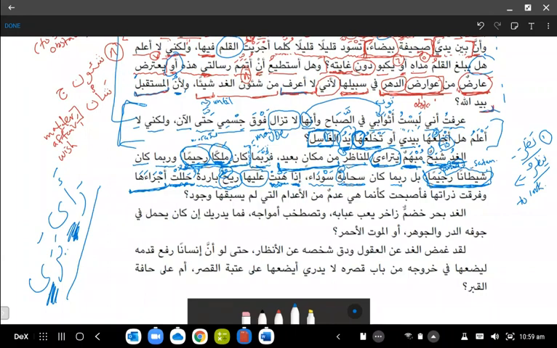In other words, when a cold wind blows over a dark cloud, you think it's good news, you think it's about to rain, and then a cold wind blows and starts breaking the cloud down, and then the rain does not come down anymore. Okay, so that's the imagery here.